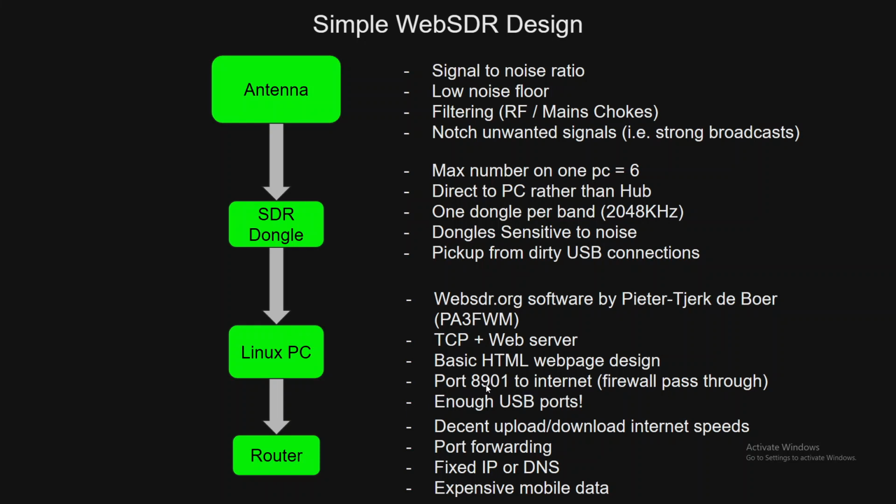The only thing then is you need the port to pass through the firewall, so you need to sort that out on the router, which I'll move on to next. So it's just a standard router, but it needs the port forwarding enabling in order to let this port through so that visitors can access it.